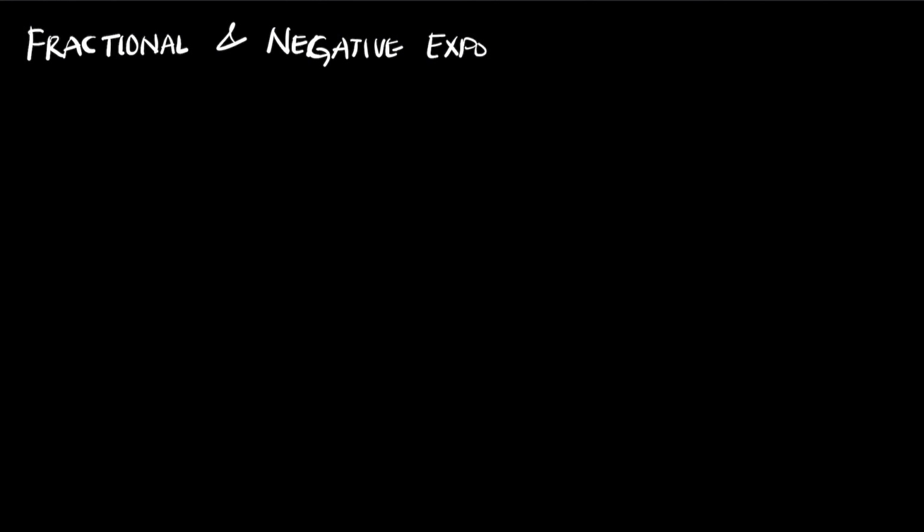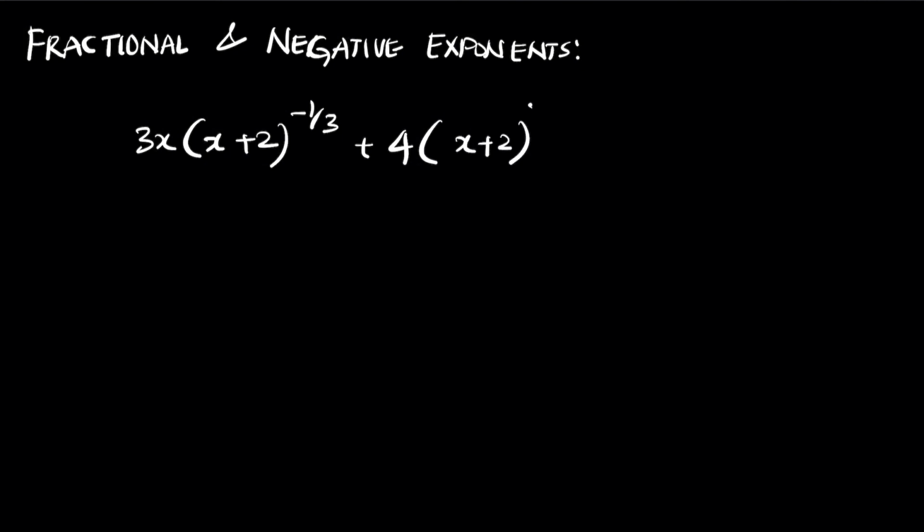And so let's do the last one, which is factoring using fractional and negative exponents. Let's say the problem is given as 3x times x plus 2 whole power negative 1 by 3, plus 4 times x plus 2 power 2 by 3.